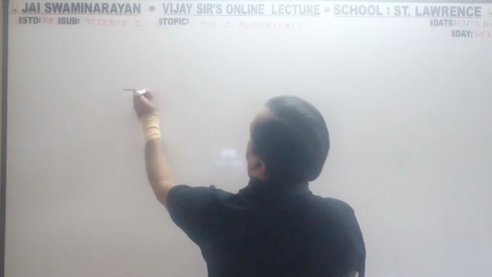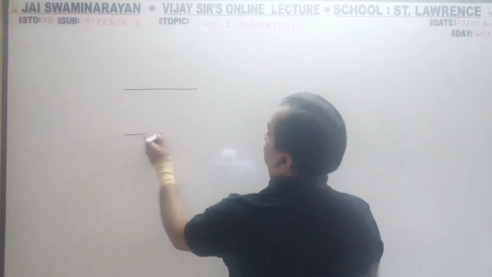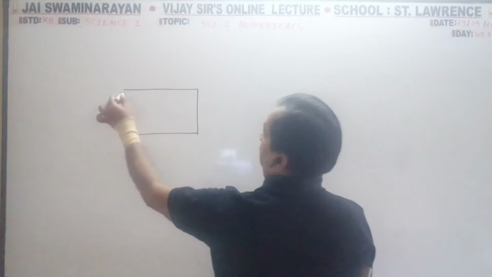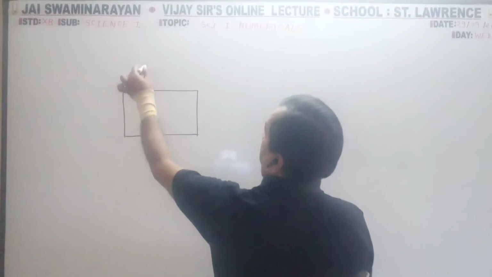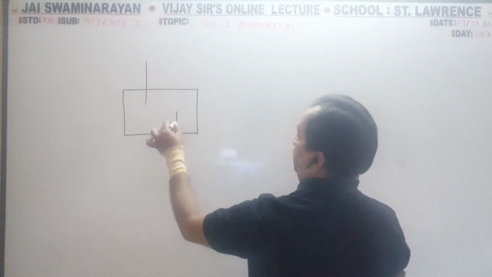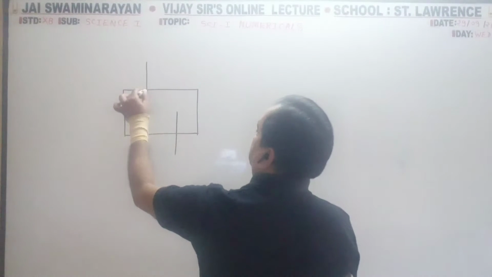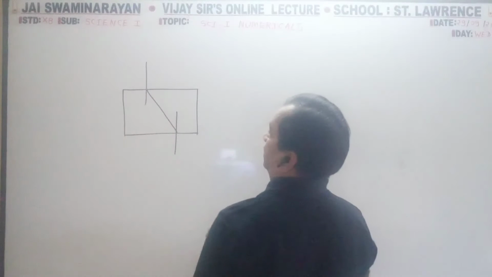Draw one cube. Take here normal, take here normal. Join this. This is a refractive ray.